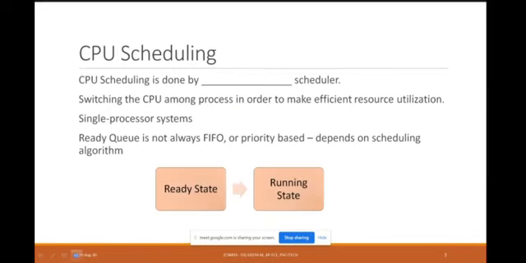So we are going to see today what is CPU scheduling. We already learnt about the different types of schedulers. Can you fill in this blank? CPU scheduling is done by... we saw three schedulers: short term, long term and medium term scheduler.